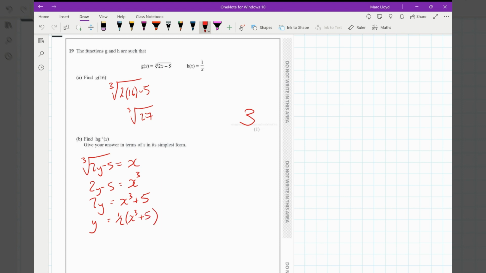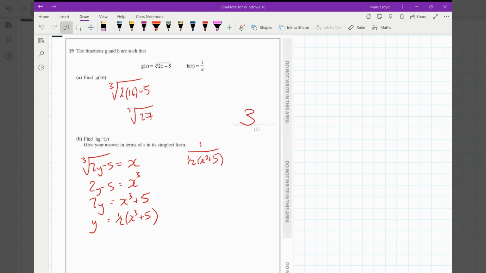Okay, that's done. Then that needs to go into h, which means that we've got 1 over a half x cubed plus 5, like so. Can we leave it in that format? If I'm honest with you, I don't know, it looks a little bit untidy.